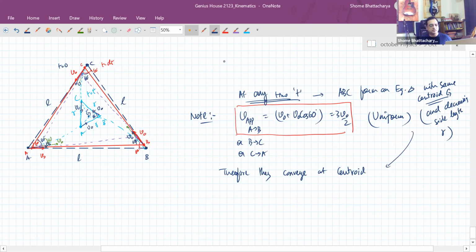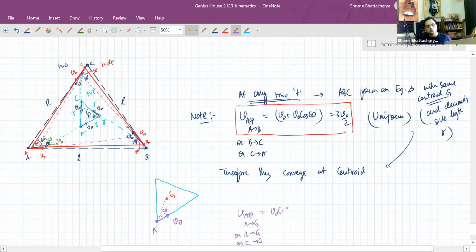So now another interesting thing you can see here, apart from this fact, is that at any time t, if you look at the orientation of any of the particles with respect to the final destination, which is the centroid, even that is a fixed relationship, because this will always be at an angle of 30 degrees with respect to this. So the approach velocity of A towards the centroid, or B towards the centroid, or C towards the centroid, that is also a fixed quantity.